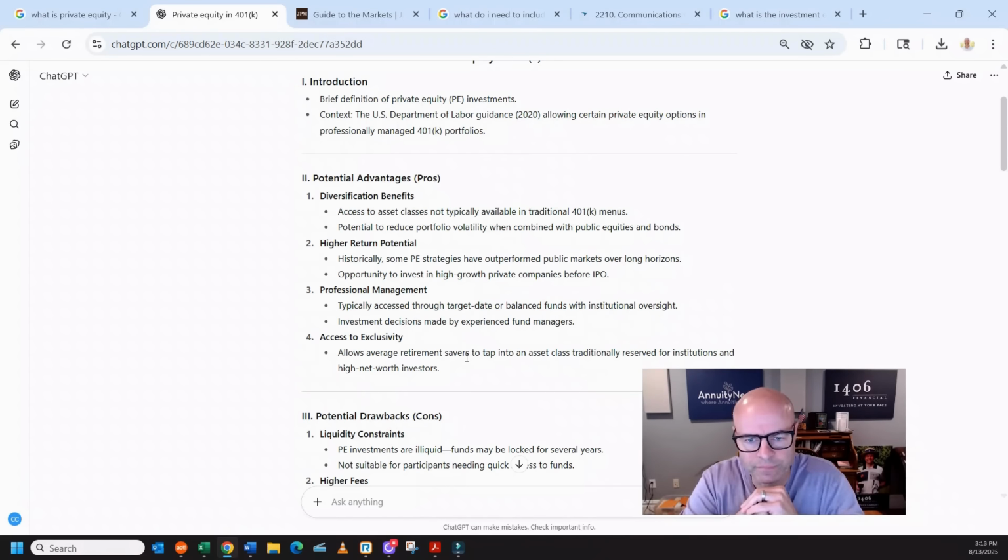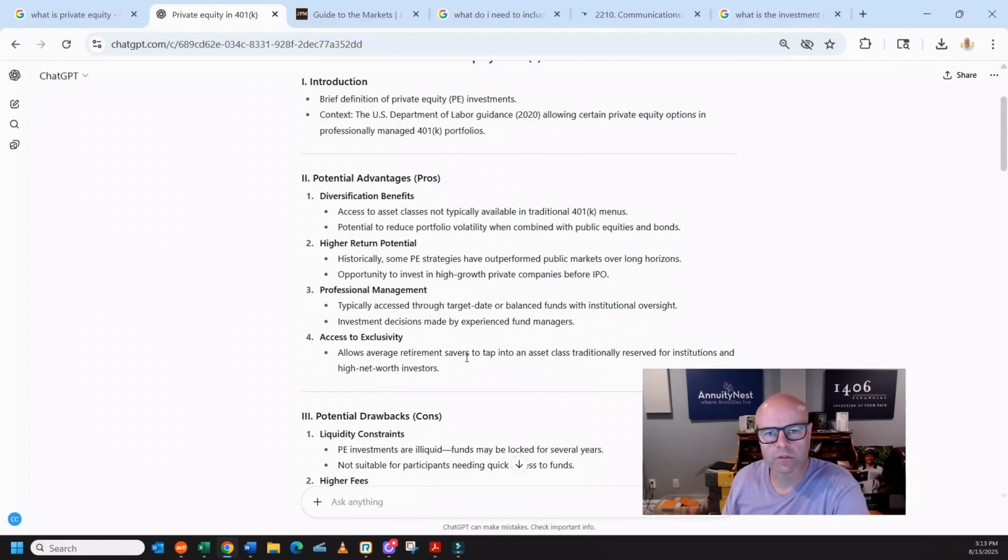Professional management, access through target date or balanced funds with institutional oversight. So what this is suggesting, and I heard this point in a podcast, is one way of implementing this is you'll have your large cap fund in the 401k, your small cap, your bond fund, your international fund, and then there's going to be a private equity fund. That's one way of doing it. The second way is you'll have the asset allocation fund or the target date where you're going to retire in 2030, 2035, 2040, 2050, whatever your retirement year is.